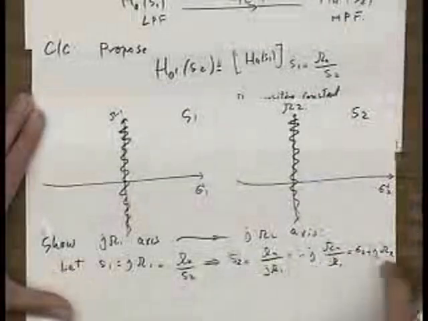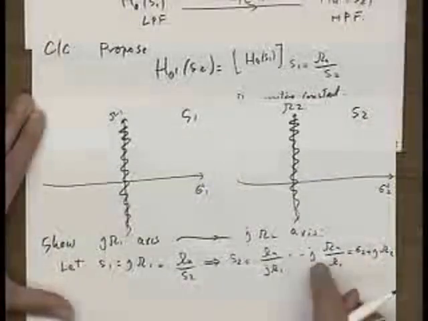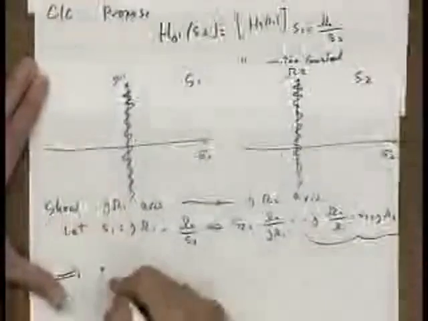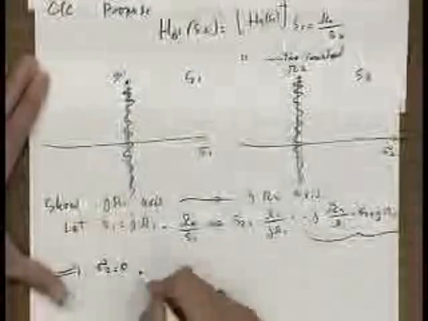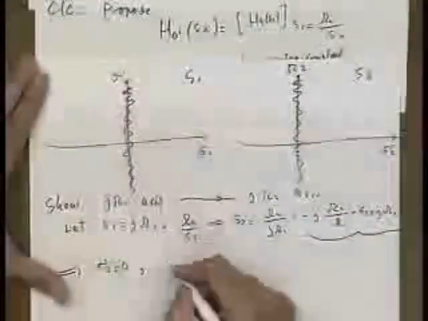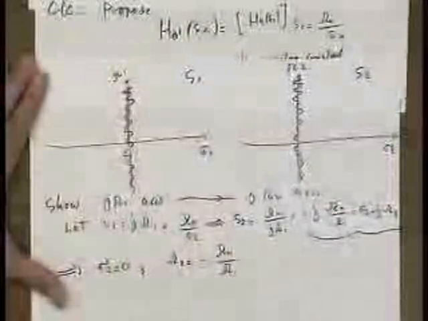So equating the real part of this to the real part of that, and the imaginary part of this to the imaginary part of that, what we conclude is that sigma 2 is equal to 0, and we want the imaginary part to be the same. That means omega 2 is equal to minus omega sub u over omega 1.